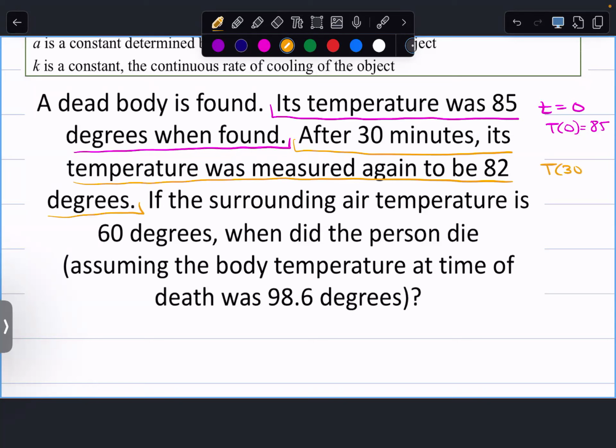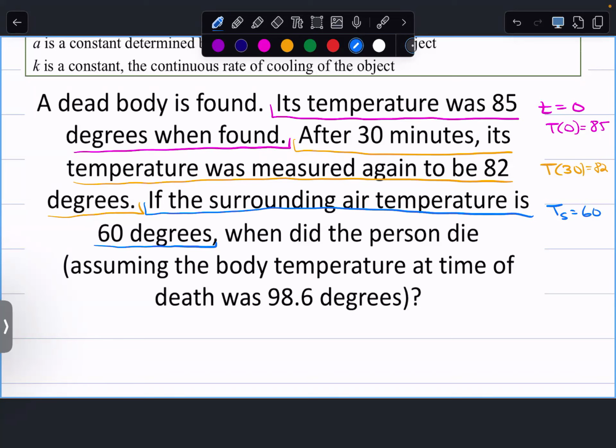Now, when I say T of 30, my time is now going to be in minutes. That's okay, as long as you keep track of your units. T of 30 is 82. If the surrounding air temperature is 60 degrees, that means Ts is 60.